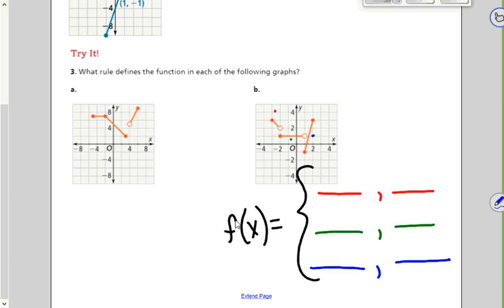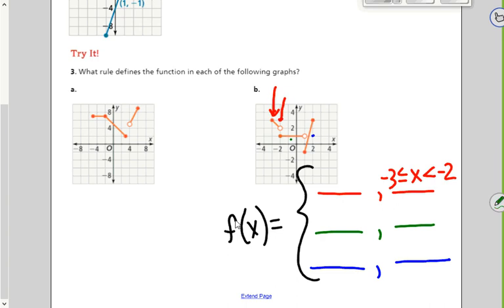All right, so for the red, this guy right here, it looks like it begins at -3, including -3. And the x's stay on that little piece until you reach -2, not including -2 because of the open circle.